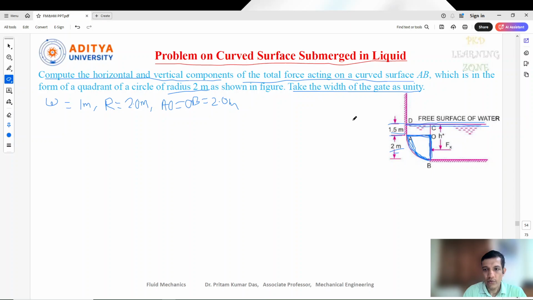Now we need to find out the horizontal pressure force. First, we will write the horizontal pressure force acting in the x direction. The horizontal pressure force, which is Fx, is exerted by the water on the gate.